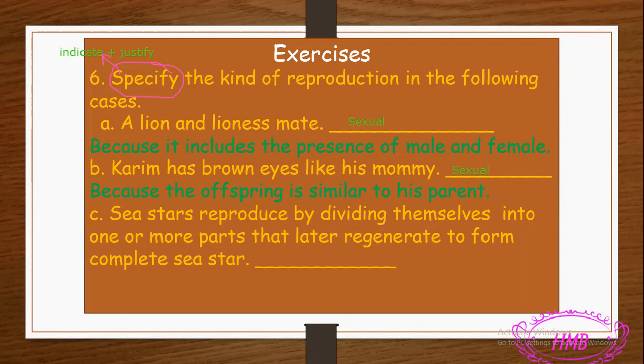They told us this organism reproduces by dividing itself. One sea star divides itself into one or more parts. For example, the sea star divided and gave me a piece of it, and this piece later will regenerate, as if it will give me one of the many parts of the sea star, and in the end I will have a complete sea star from this one single part.